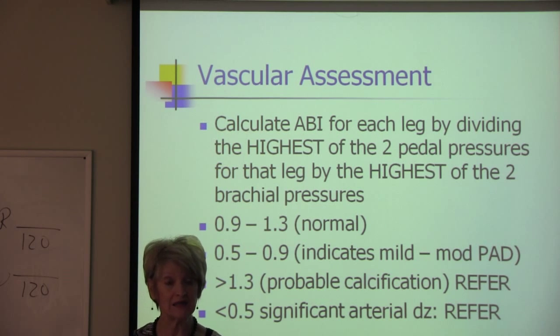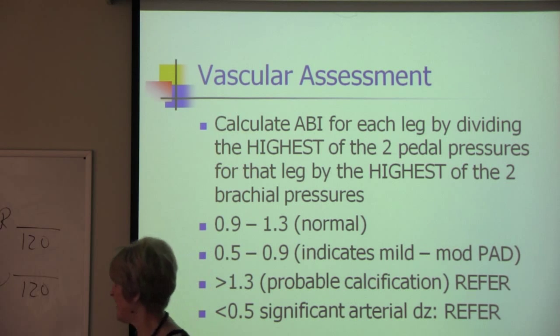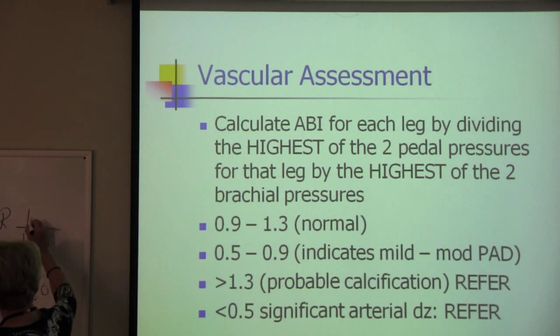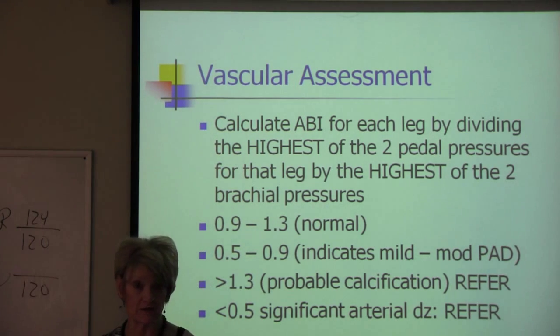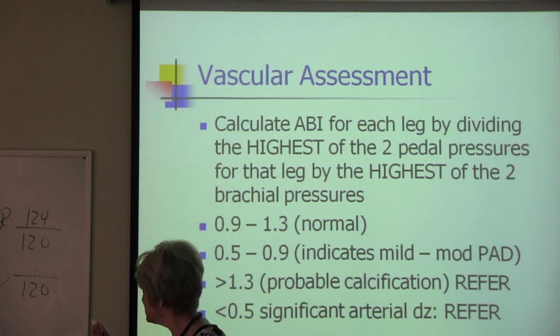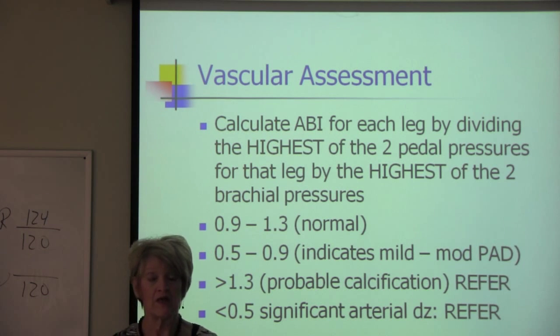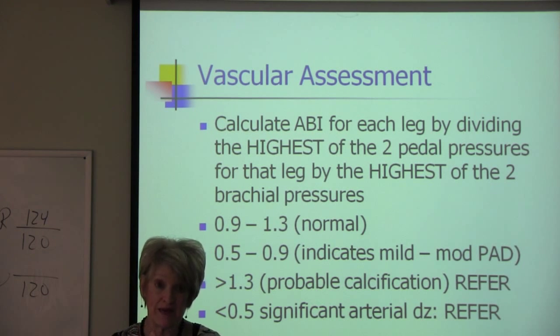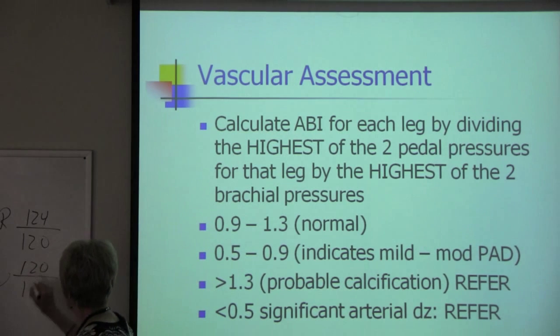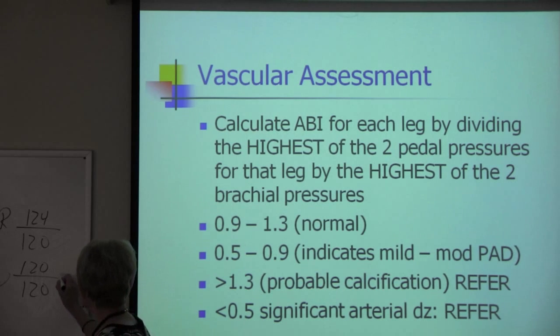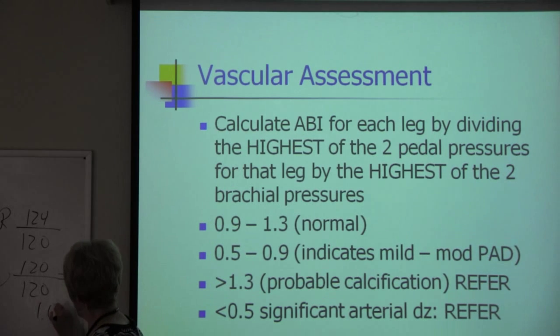So you take the highest of the 2 pedal pressure measurements on the right, and that becomes your numerator. And the highest of the 2 brachial pressures becomes the denominator. Let's say on the left that the DP is 120 and the PT is 110. Then you have 120 over 120. So I'm going to do this one because it's easy, 1.00.